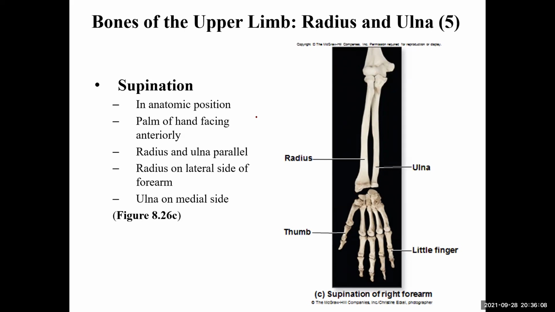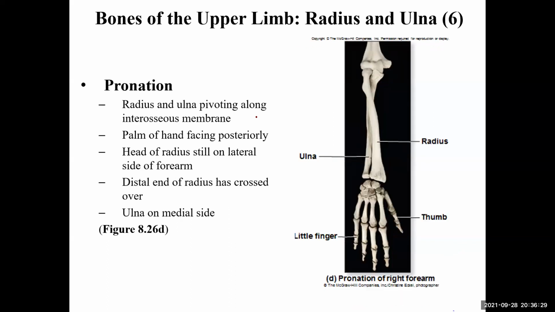Now when I go into pronation, all I'm going to do is turn both my palms down towards the floor. Or if I'm in the anatomical position, I'm just going to turn my palms facing backwards, towards the posterior. That's called pronation. Look what happens to the radius and the ulna. They pivot on each other because of the interosseous membrane.